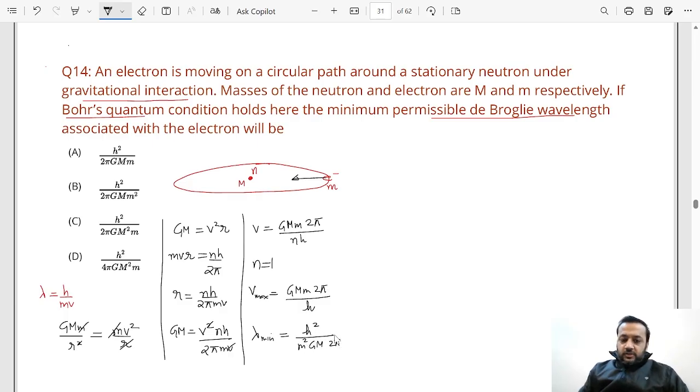So the answer will be h square upon 2 pi G M m. I think option 1 itself is matching perfectly. Okay, no, sorry, in my option we are getting m square, here it is m, so this is not correct. Here h square upon 2 pi G M m is matching perfectly. Okay, this is wrong, so I hope you would have understood.